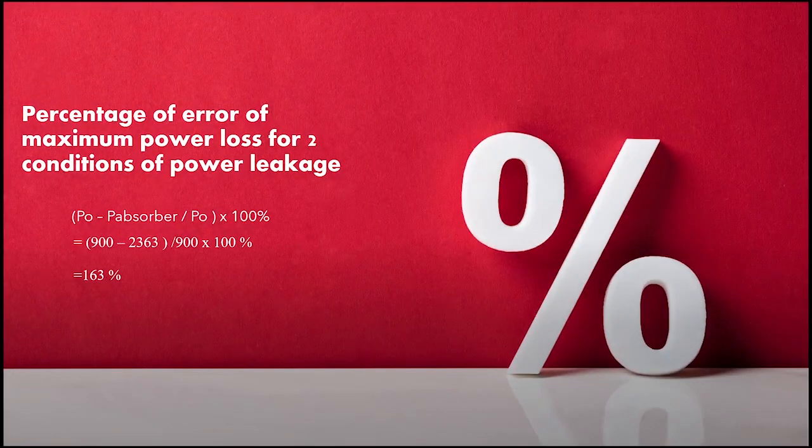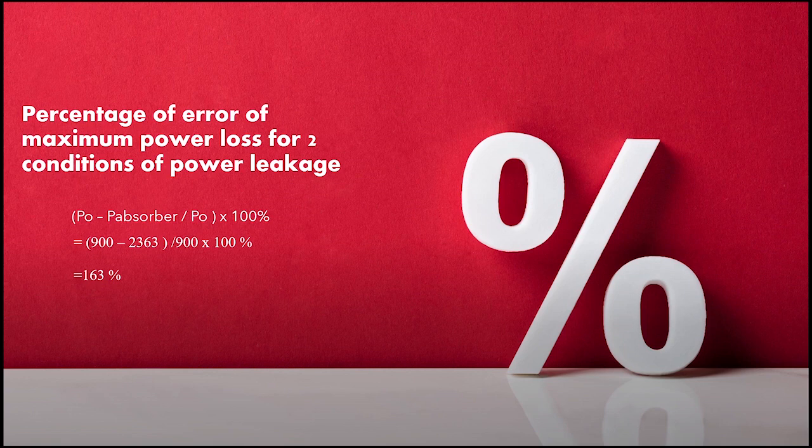Based on the findings, it can be concluded that the use of radiation absorber has reduced the power loss of the radiation leakage. Furthermore, based on the results obtained, we can calculate the percentage of error of maximum power loss for the two conditions of power leakage.